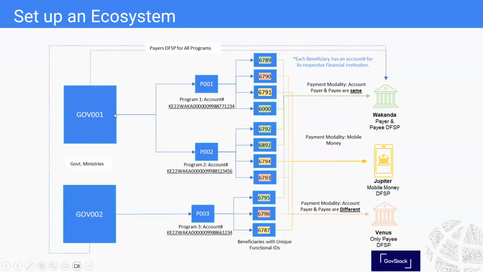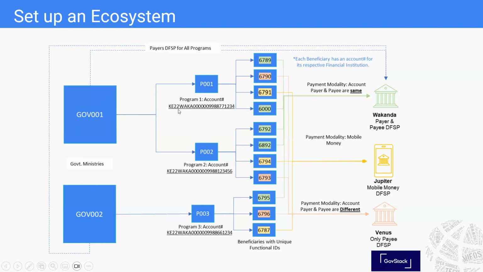Now, each of these ministries could have started two programs, and each of these programs would be given a certain program ID. So, for example, the Ministry of Health could have started some social benefit program, like a maternity helping program. It could also have started some childcare program. So these are two different programs.